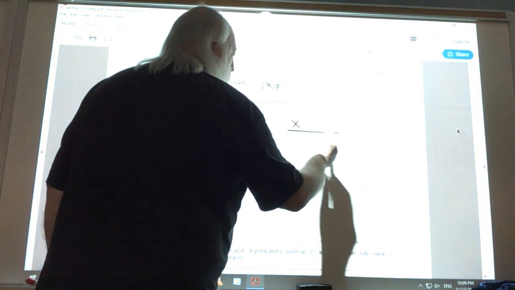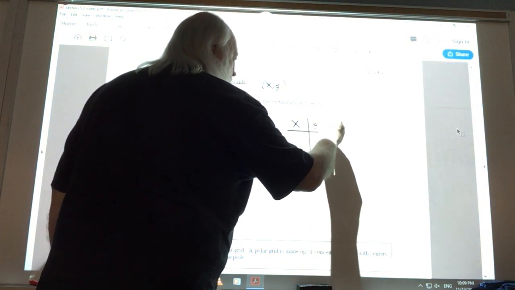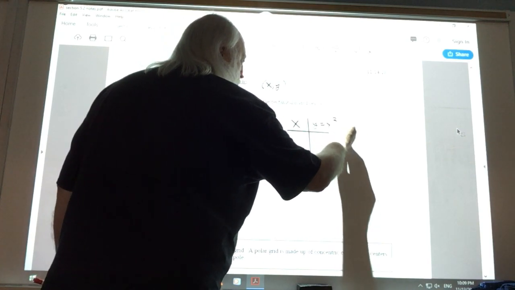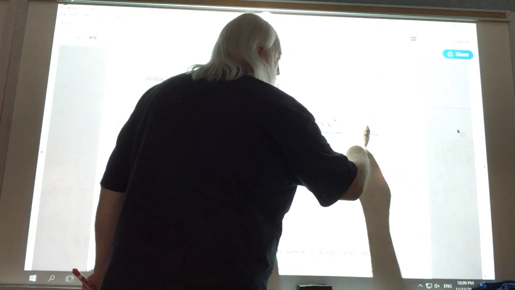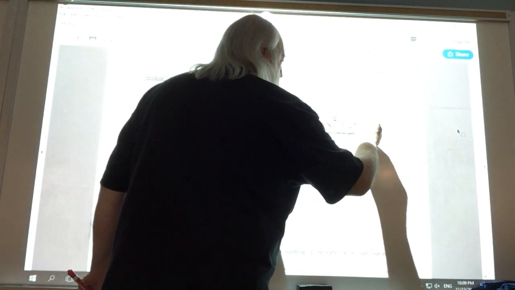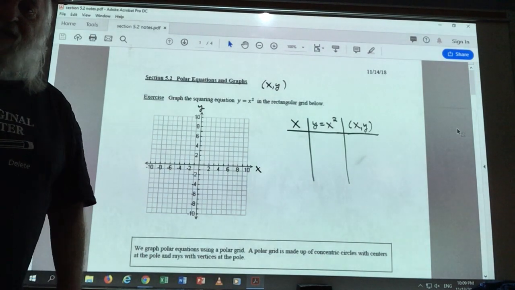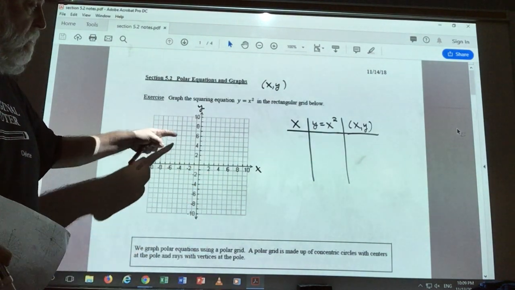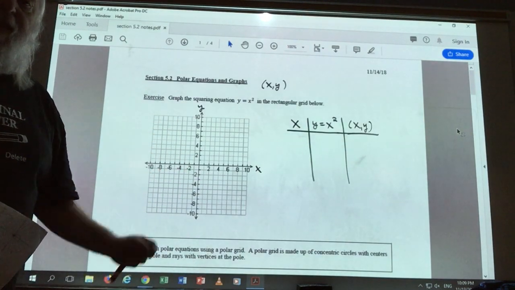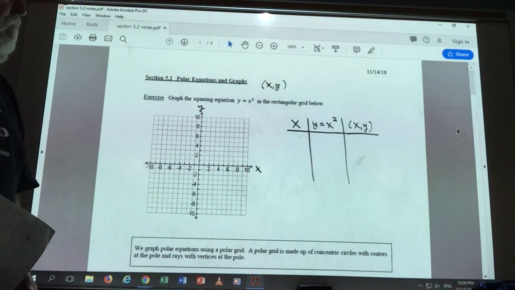In the first column are some values of x. In the second column are the corresponding values of y. And then in the third column are the ordered pairs that we formed with those values of x and values of y. We'll plot those ordered pairs, those points in the coordinate plane, and then play connect the dots, and that'll give us a graph of this equation.